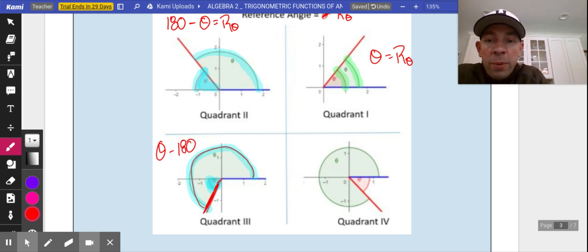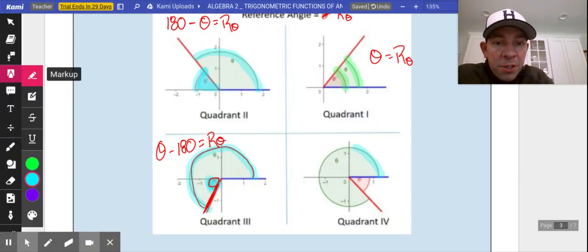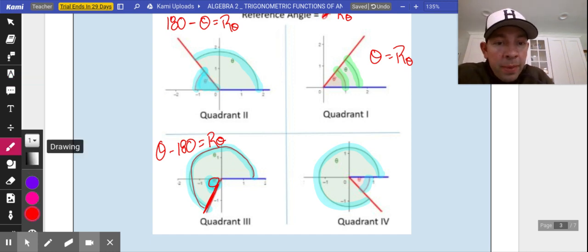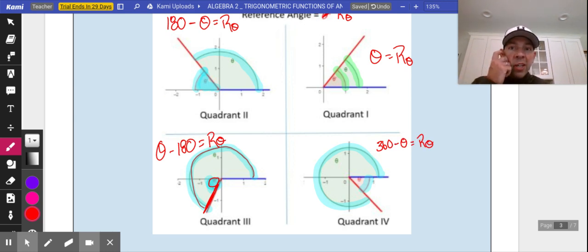Once you take away 180, you're just left with that sliver, and that's your reference angle. Okay, fourth quadrant, you've got your original angle, and then you've got your reference angle right here. So all we're going to do is take 360, subtract your original angle, and be left with your reference angle.